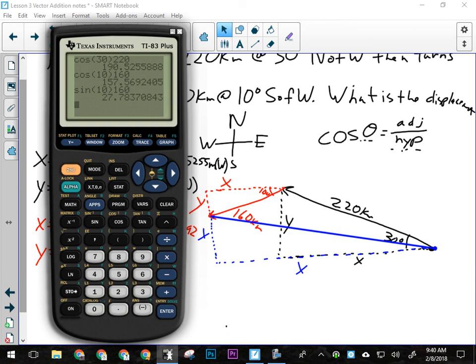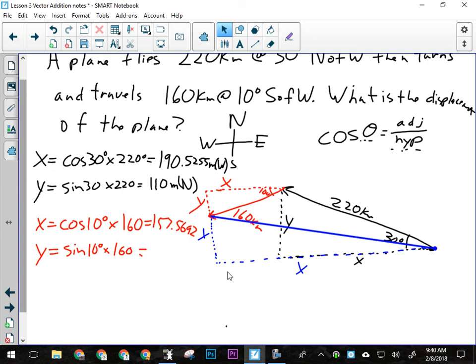So that's going to be 27.87. Okay, and so this one's west, and this one is south, just so I keep those in mind.